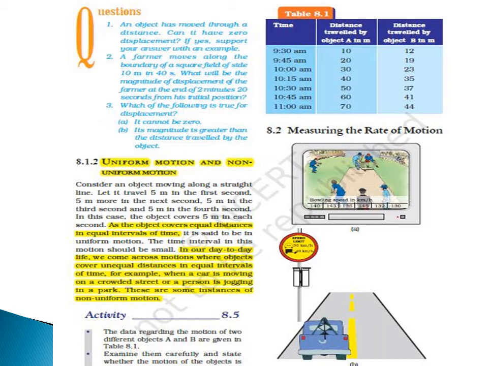But in our day-to-day life, we come across motions where objects cover unequal distances in equal intervals of time. For example, when a car is moving on a crowded street or a person is jogging in a park.